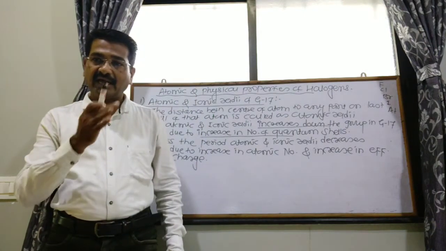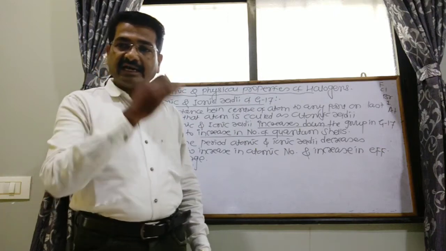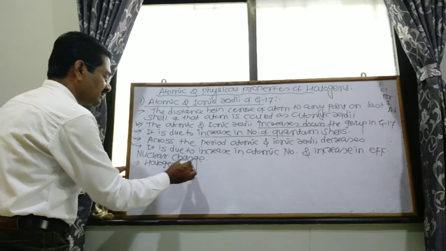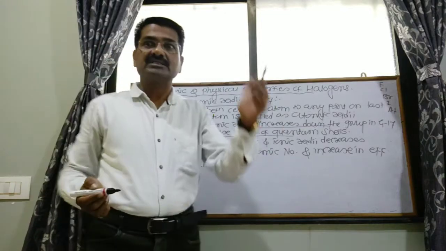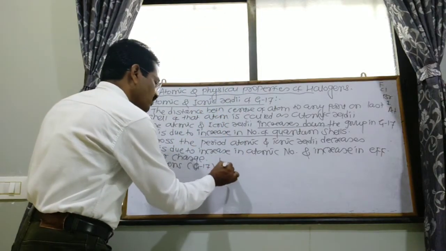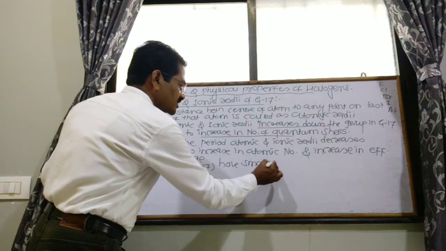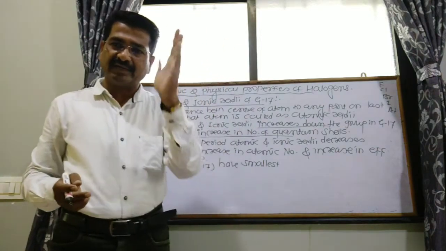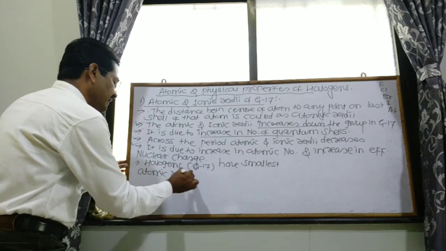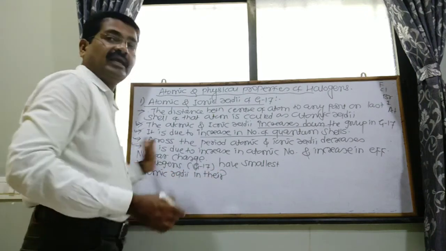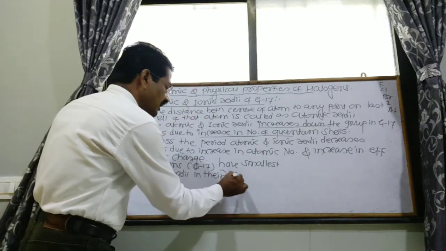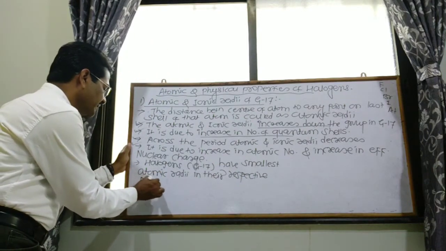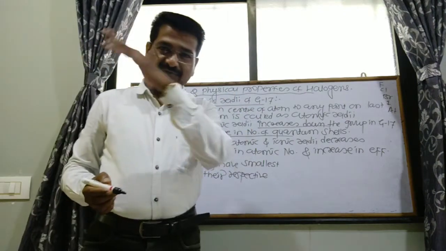Halogens, that is G17, have the smallest atomic radii in their respective periods. So these are the points included for the atomic and ionic radii.